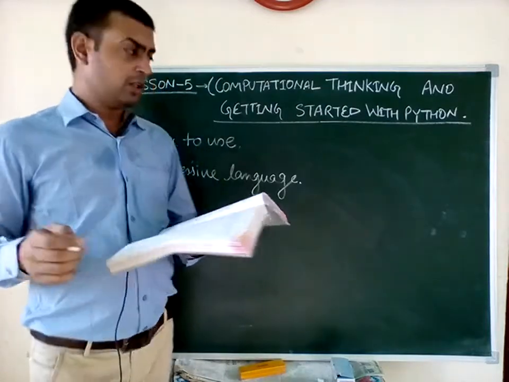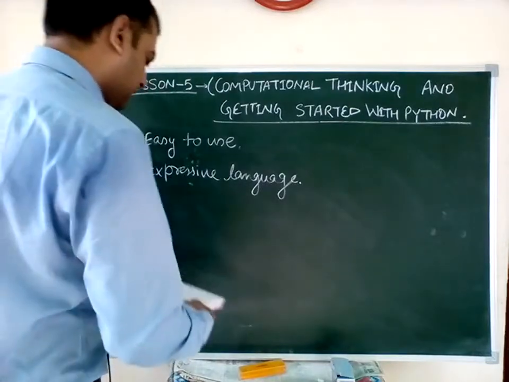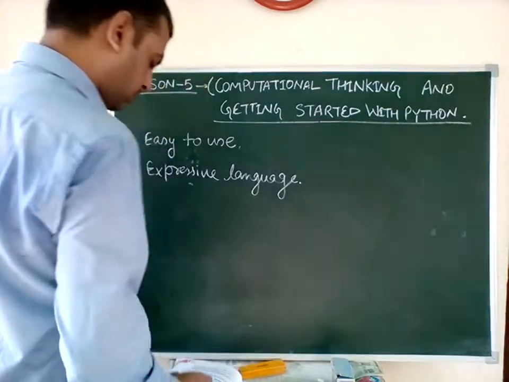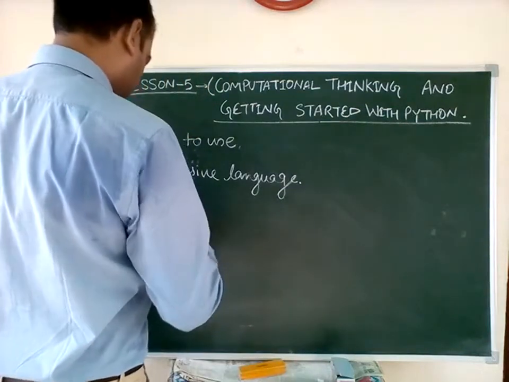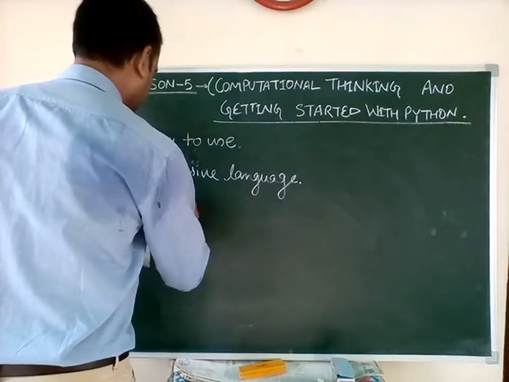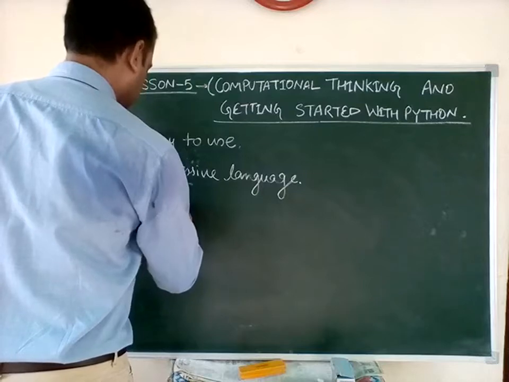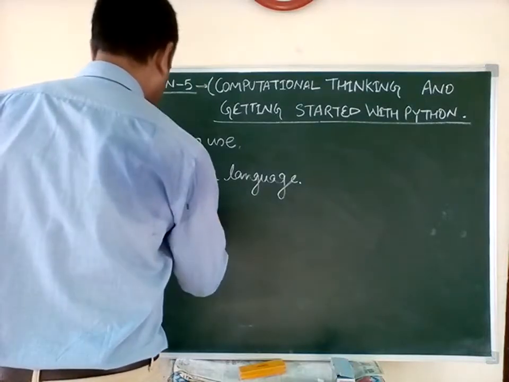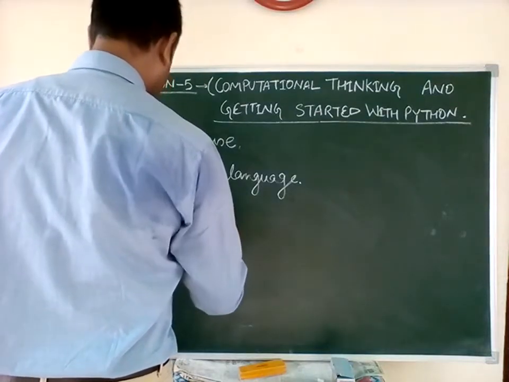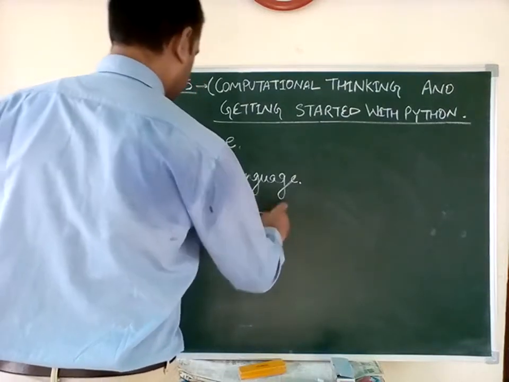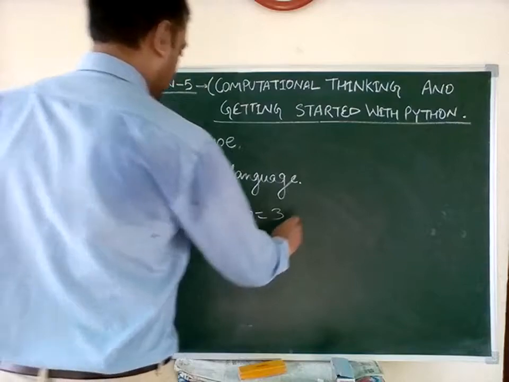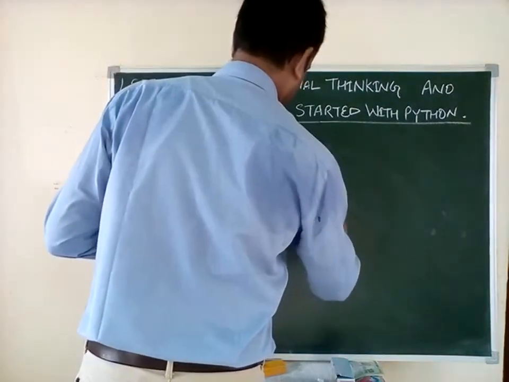For example, one example I am showing of how swapping is done in other languages. For example, int a is equal to 2, int b is equal to 3, and one more, int temp.